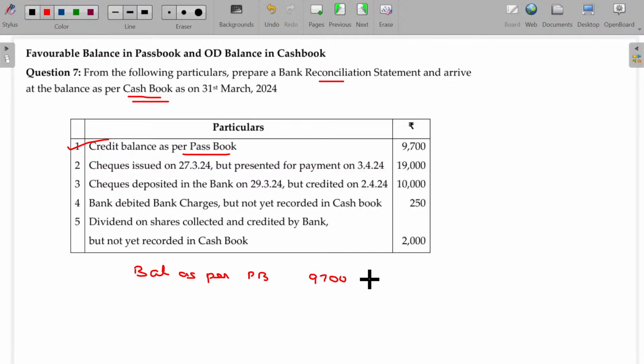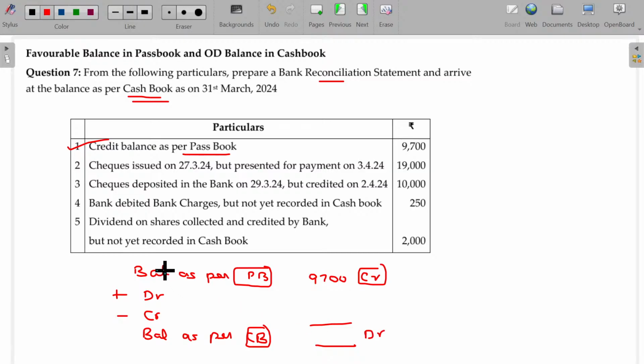What balance is this? Credit balance. So you have to add debit minus credit, then automatically you will get the balance as per cash book. You have to note these things. If we start with credit, usually we end with debit. These are the points you have to note down.